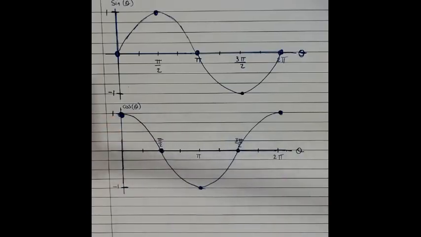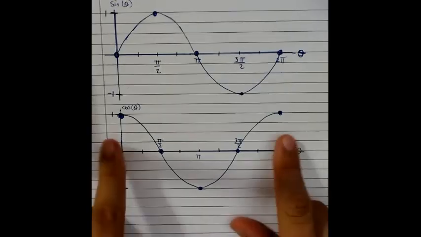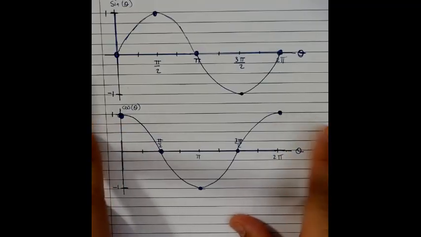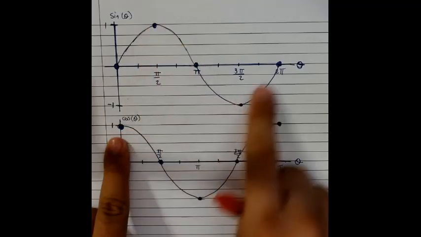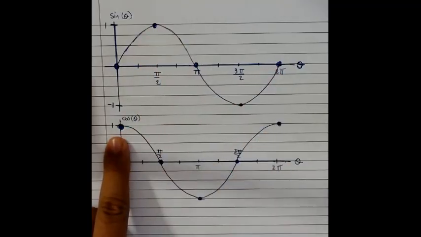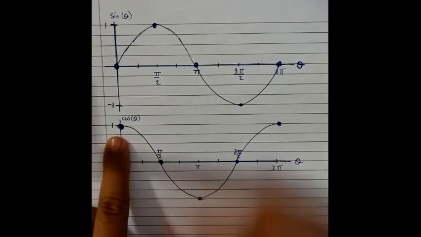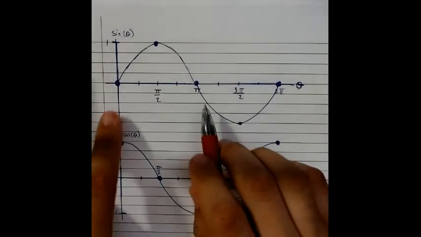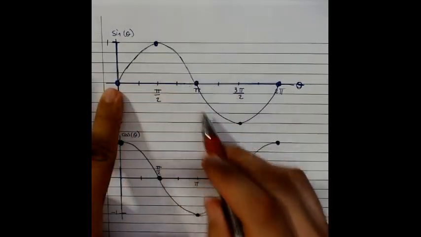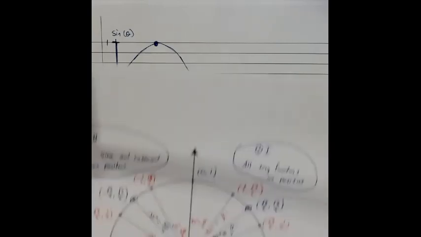This is not a full graph of the sine or cosine function because, of course, it is missing a lot. It goes on forever in both directions. However, when you see a graph, you usually see this part or some version that comes from this part. This is called the central period of the sine function. The central period is the one that we graph from points off the unit circle.